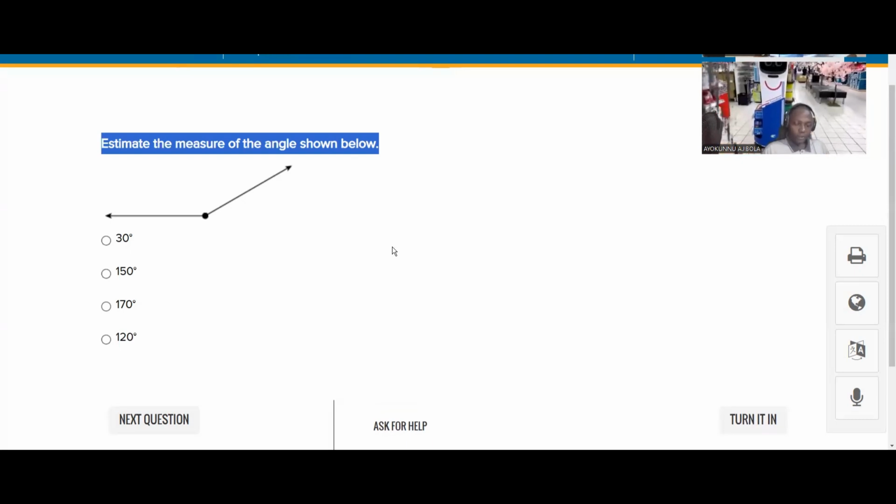So what's the answer? What do you think the angle measures?